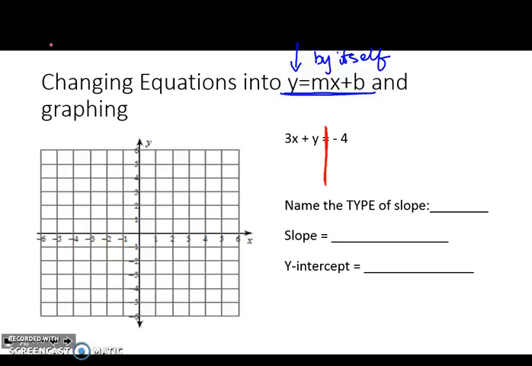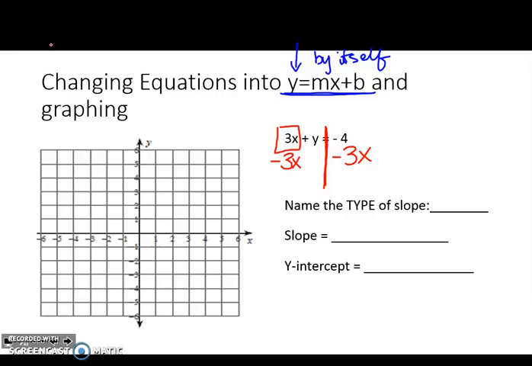Now remember, when we cross the equal sign, we have to use the inverse operation. So since I need to move that positive 3x to the other side of the equal sign, I'm going to have to do the inverse, or the opposite, in order to move it. So since it was a positive 3x, in order to move it to the other side, I would need to subtract it.